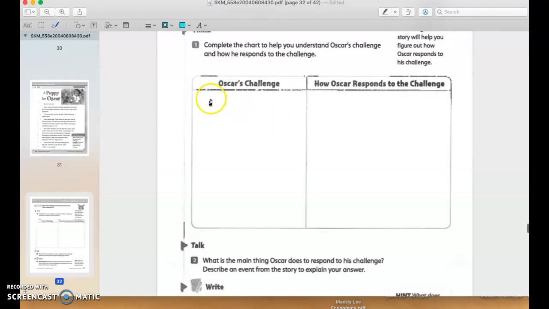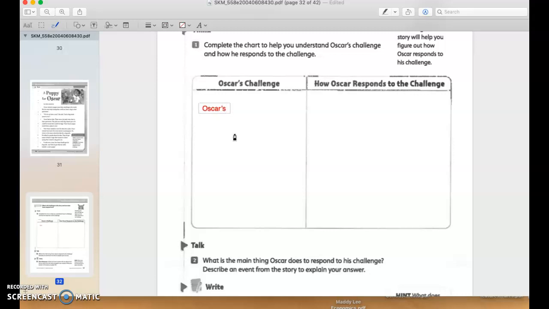So in this space right here for Oscar's challenge, let me see if I can type in, if it'll let me type. Here we go, text box. Excellent. Okay.